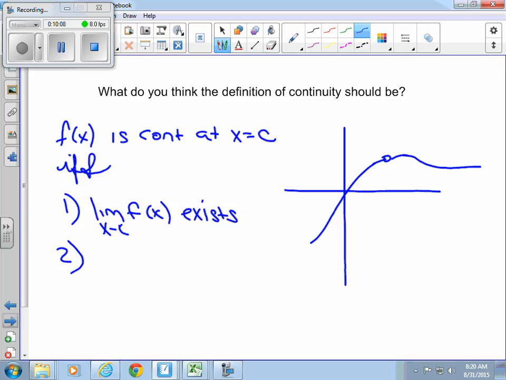What else do you need to find continuity?